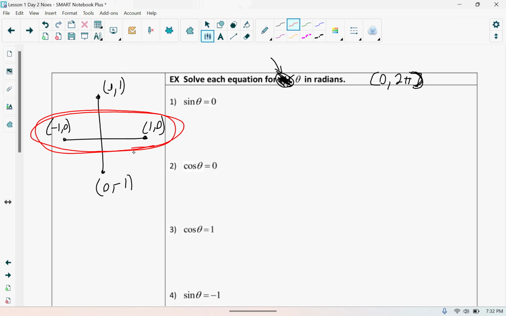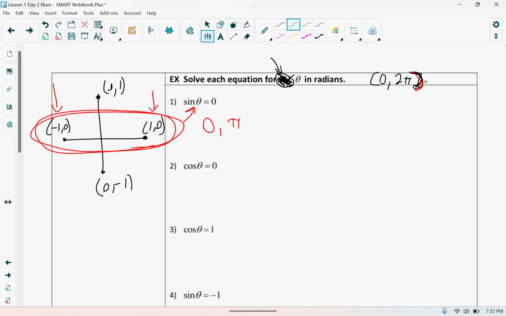So I'm trying to figure out where that occurs. Well, here that's 0 degrees, here is 180, but remember, we're not going to do degrees anymore. So I'm going to say 0 radians, and I'm going to say pi radians.